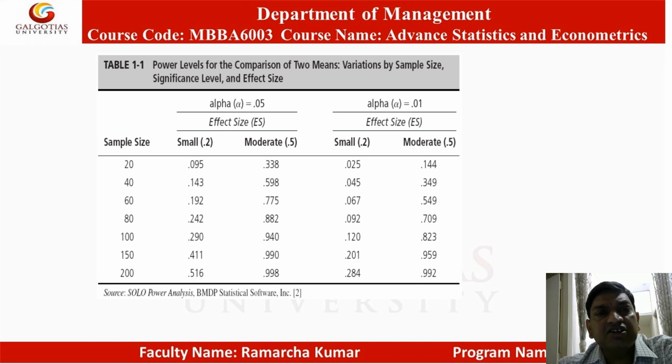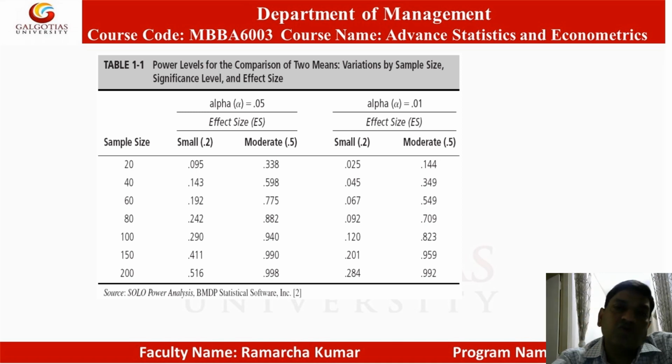So here we can see in the table the power level for the comparison of two means, variations by sample size, significance level and effect size. When alpha is 0.05, that is 5%, and when alpha is 0.01, that is 1%. Effect size can be small or moderate, say 0.095 and 0.338. So this is for a sample size of 20. If you have a sample size like 40 and alpha is 0.05, you will see that as sample size increases, the power also increases in all the columns.